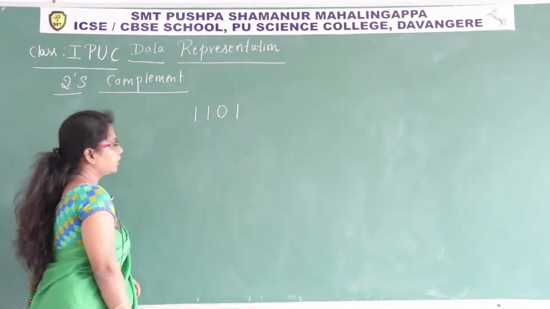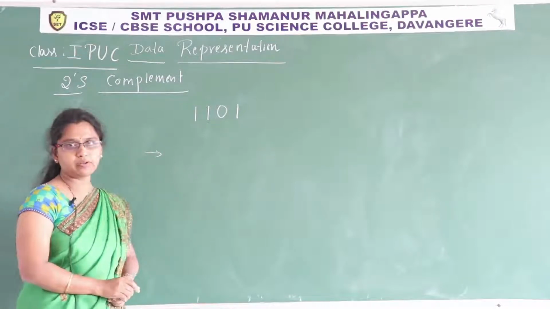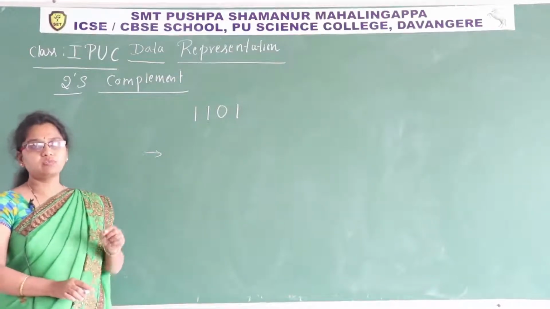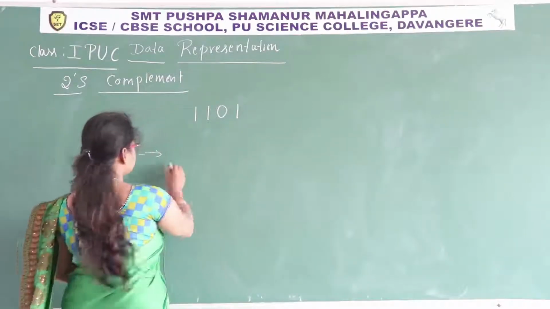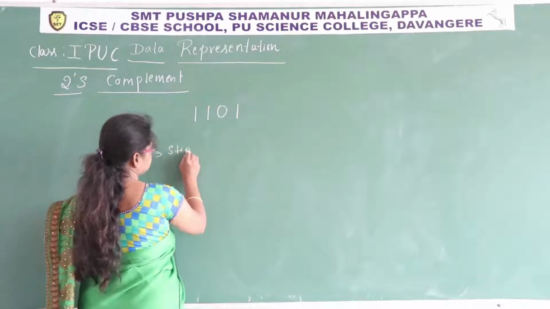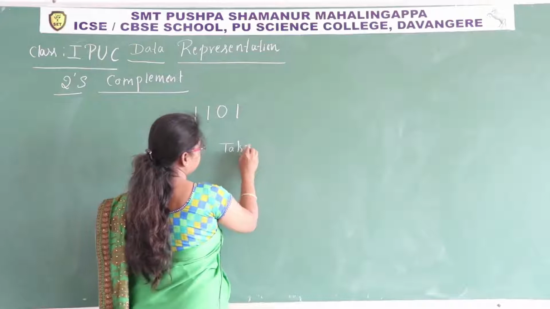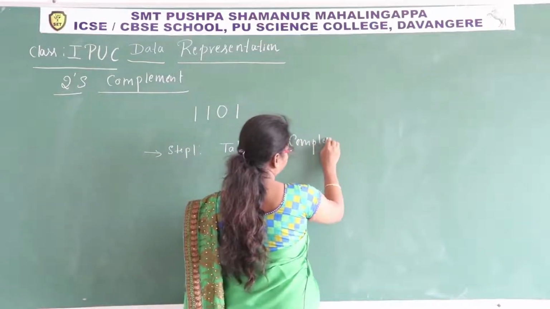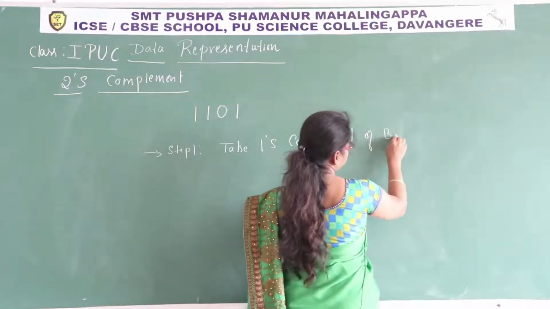1101 is a binary number. So the method is, first we have to take ones complement of a given number, then we have to add the digit 1 to the LSB of that ones complemented result. Step 1, take ones complement of the binary number.